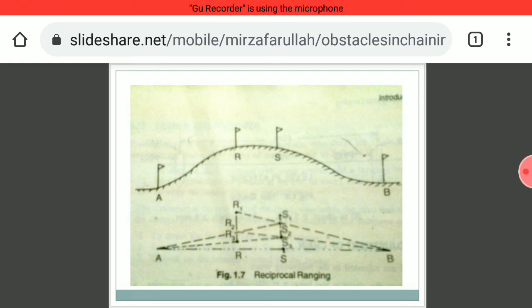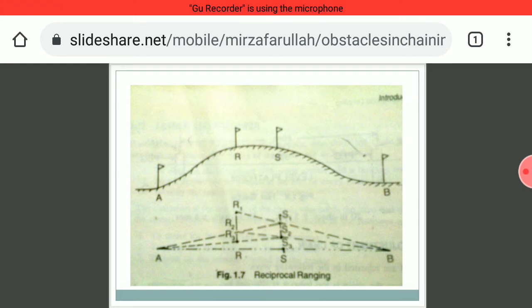Now the person standing at S1 will guide the person who is standing at R1 to shift to a new point R2, so that if he holds the ranging rod at R2, points S1, R2 and A come in a straight line.